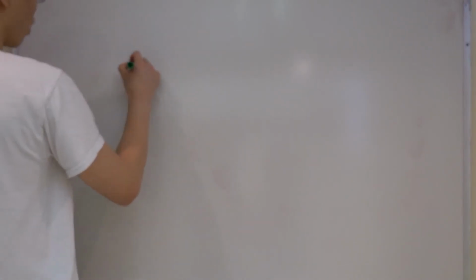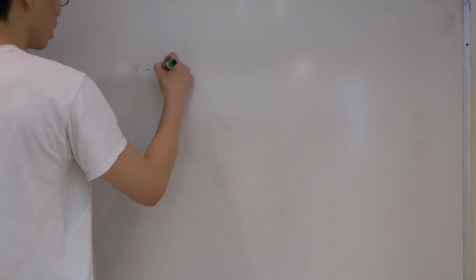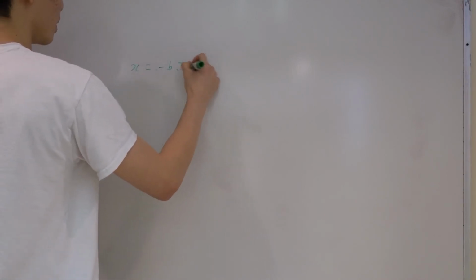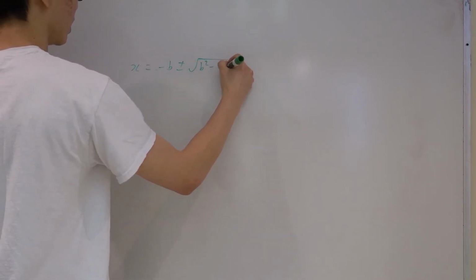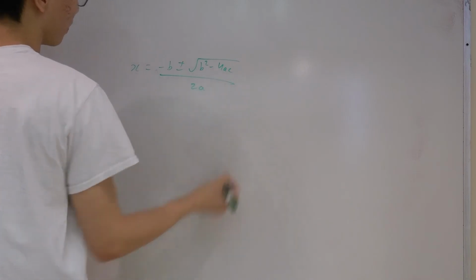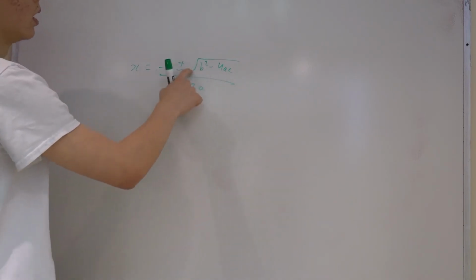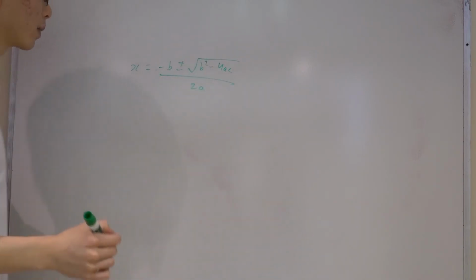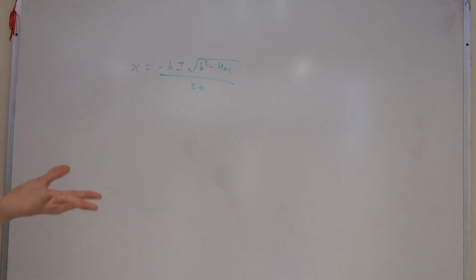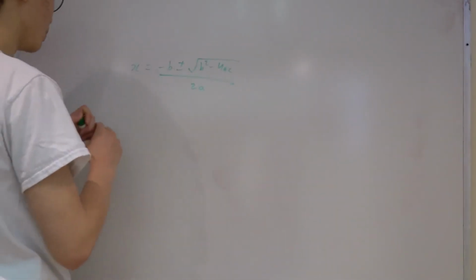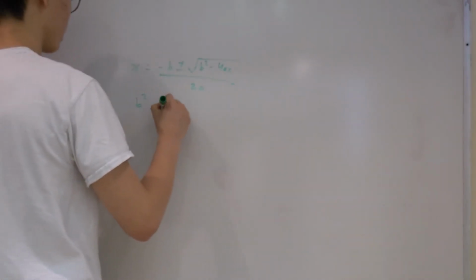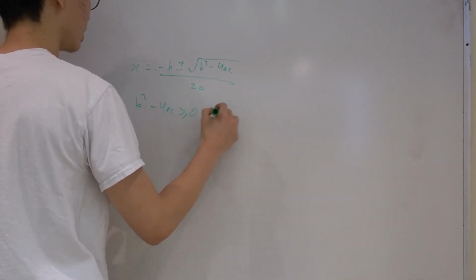So we know the quadratic formula: minus b plus or minus square root of b squared minus 4ac, all that over 2a. And remember, the discriminant tells you whether your quadratic has real or complex solutions, right? If your discriminant b squared minus 4ac is greater than or equal to 0, you're good.